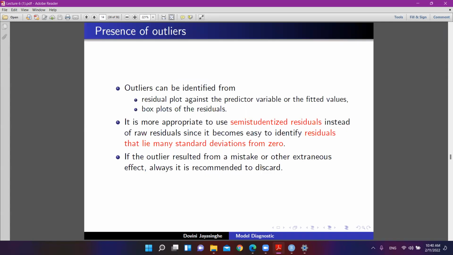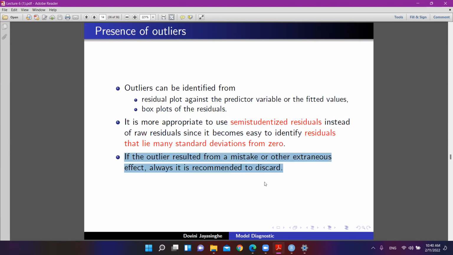It doesn't say outliers cannot be identified if you plot the residuals against this, but outliers could be clearly identified if you use semi-studentized residuals instead. If the outlier resulted from a mistake or other extraneous effect, it is always recommended to discard it.